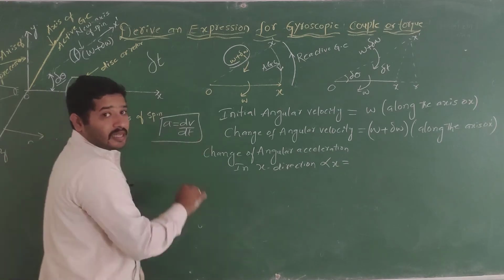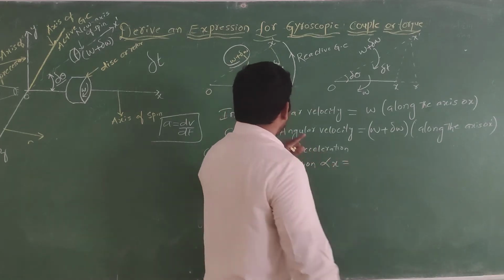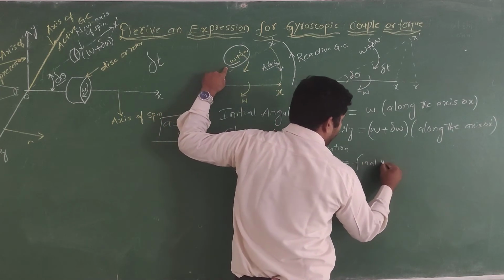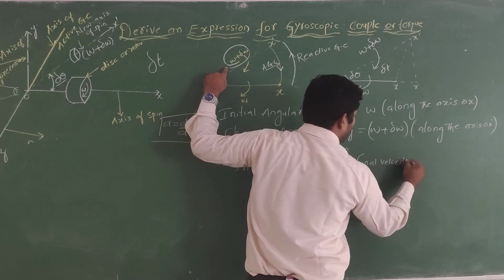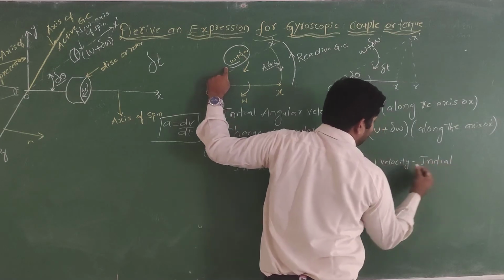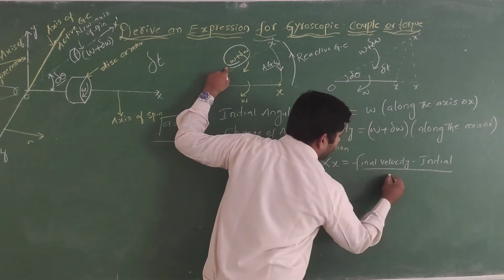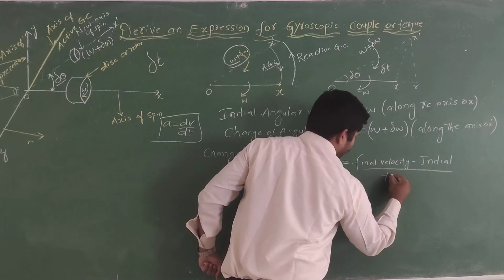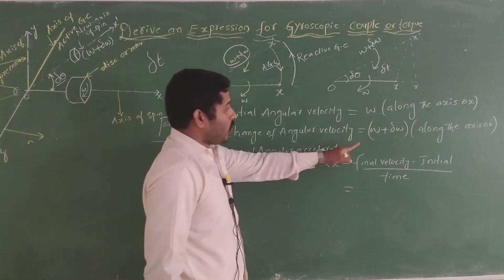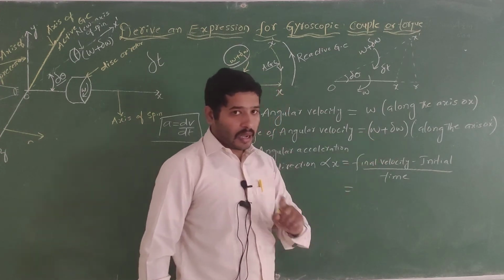Okay, now the same concept we need to apply here. The final velocity minus the initial angular velocity, divided by the given interval of time. The final velocity here is omega plus delta omega.